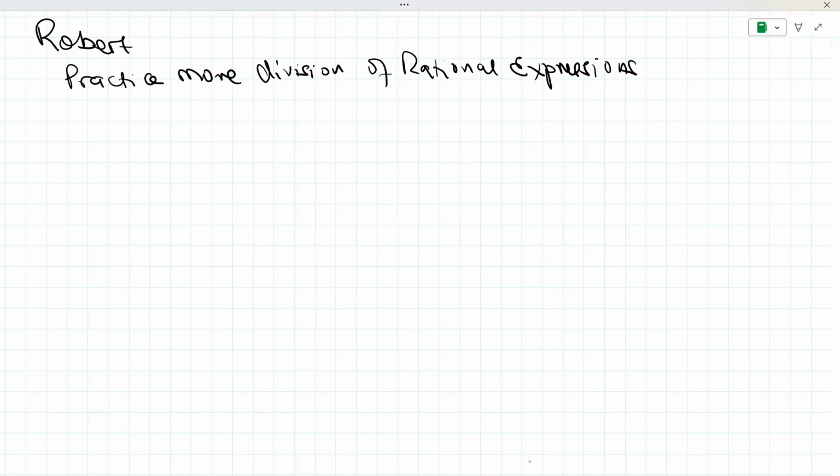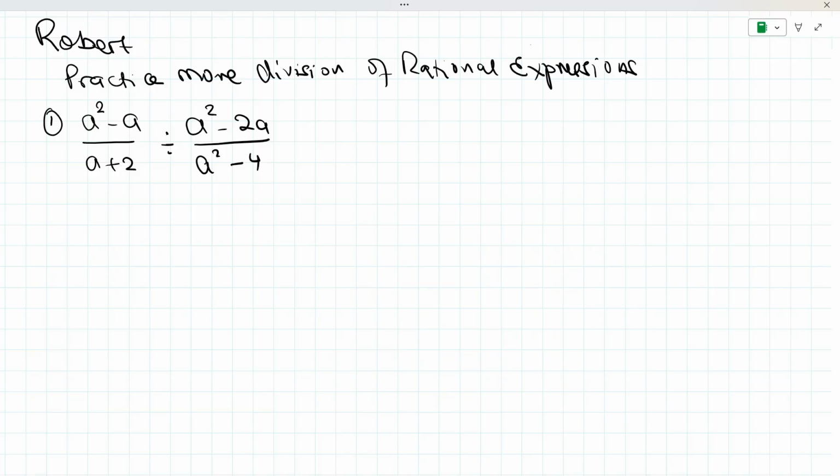So let's take an example of a squared minus a, divided by a plus 2, and that whole expression is divided by a squared minus 2a divided by a squared minus 4.